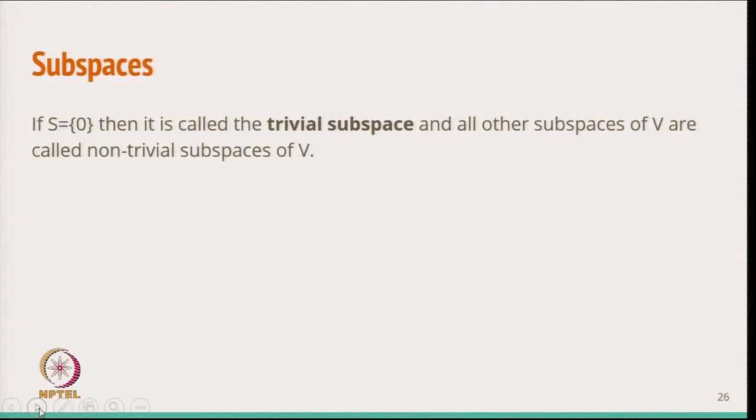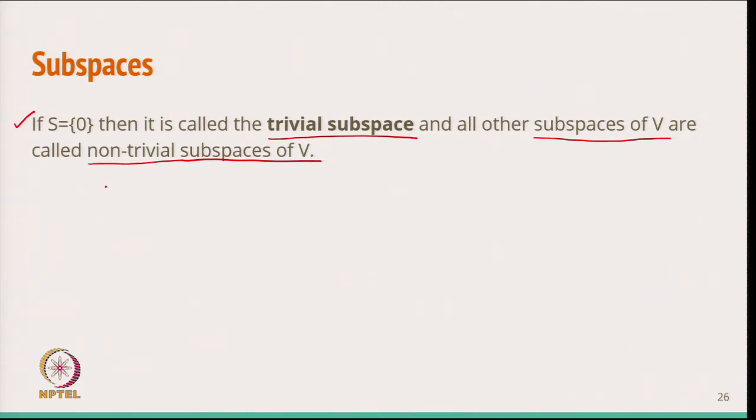Now, let us start with the simplest subspace. Let S be equal to the 0 element. This is the 0 vector we are taking, and it is called the trivial subspace, and all the other subspaces of V are called non-trivial subspaces of V. How do I verify that this is a subspace?